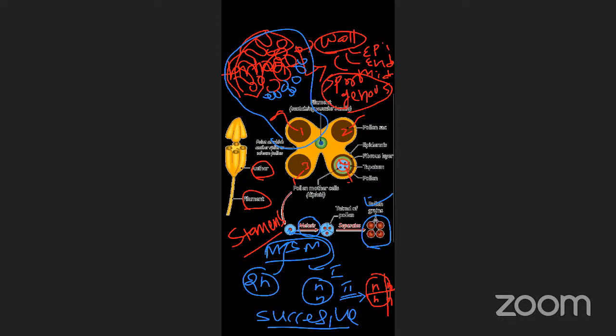And let's see the arrangement of microspores while they are forming. While they form, there are different types of arrangement of the microspores. Let's see the different types of arrangement of microspores.